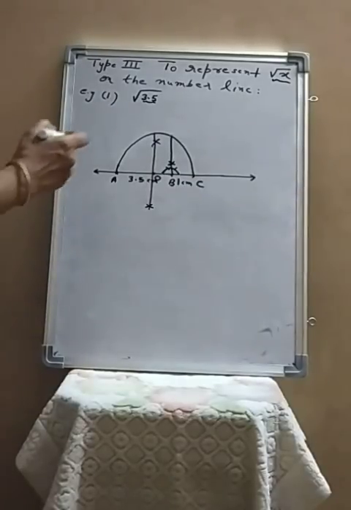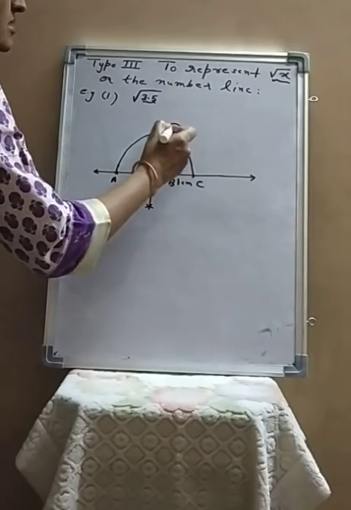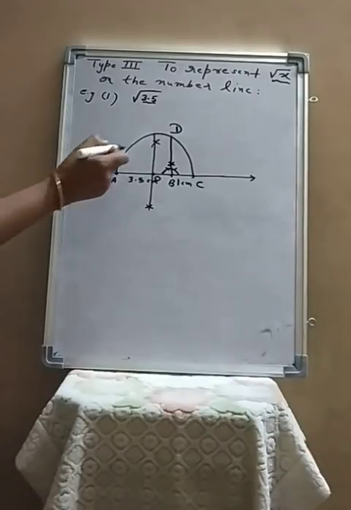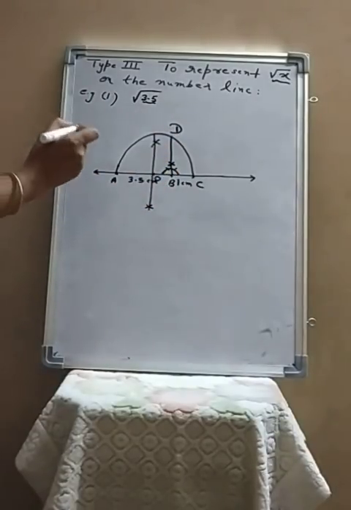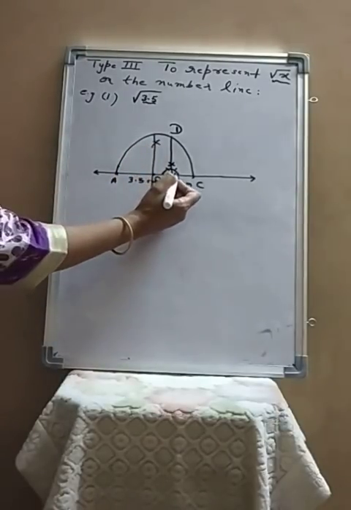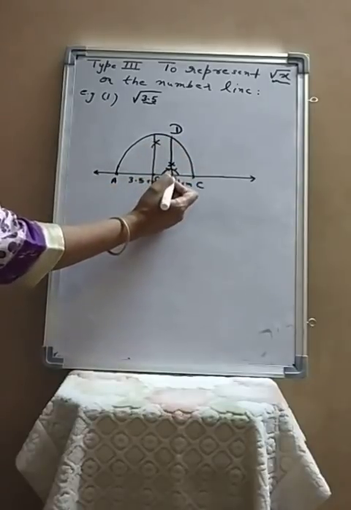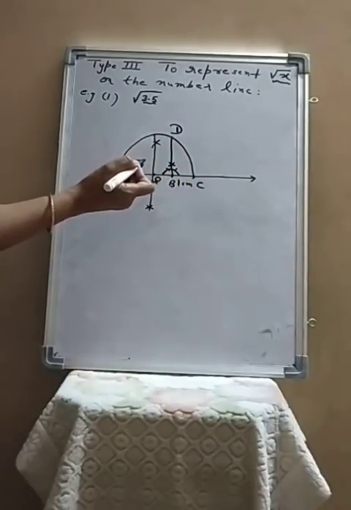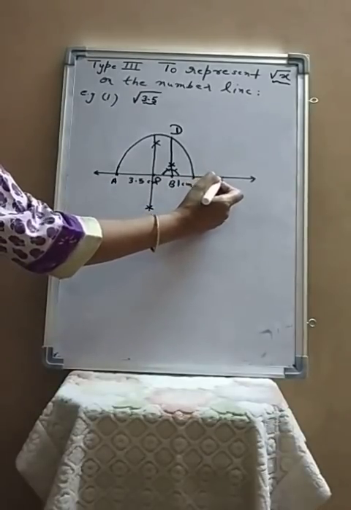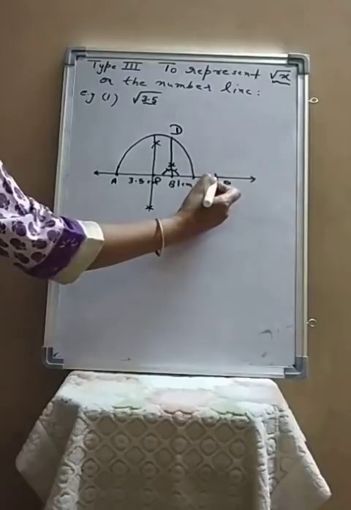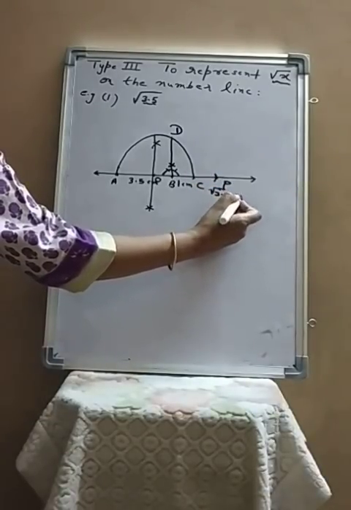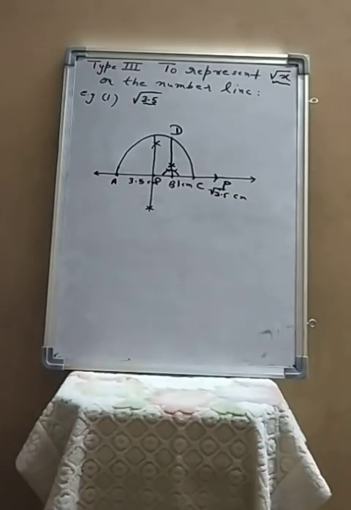The perpendicular meets this semicircle at point D. Now, this length BD is square root 3.5. So, open the compass equal to BD and from point B, draw an arc which meets the number line at point, say, P. So this point P represents root 3.5 centimeters on the number line.